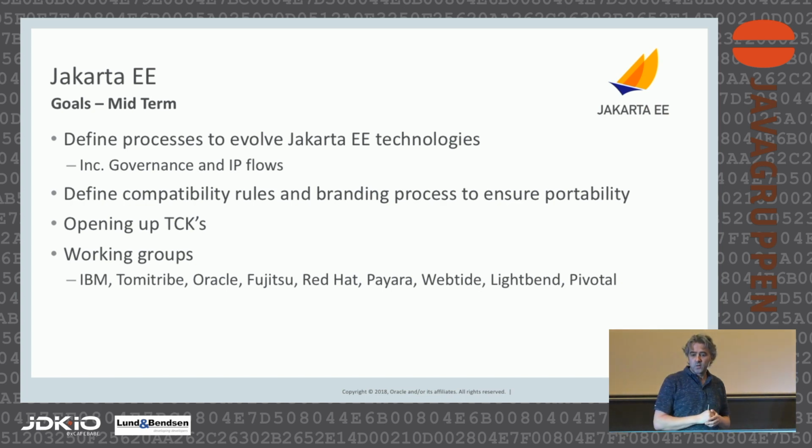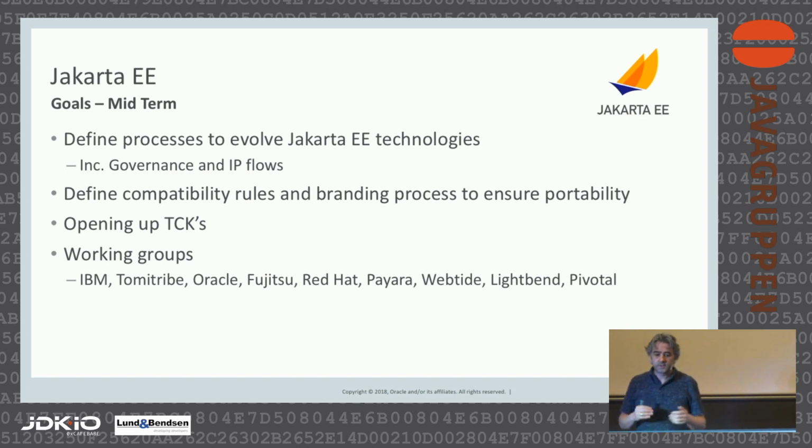The Eclipse Foundation will also have to come up with a new branding process. Given that there will be a Jakarta EE TCK that one will be able to use to prove that a given implementation is compatible with the specification, they will also have to define some processes, some rules. When can you claim that you are compatible? What should it take to pass the Jakarta EE TCK, and so on and so on.